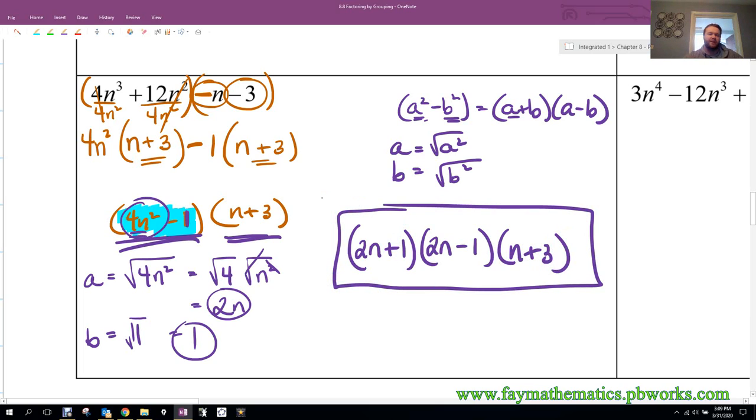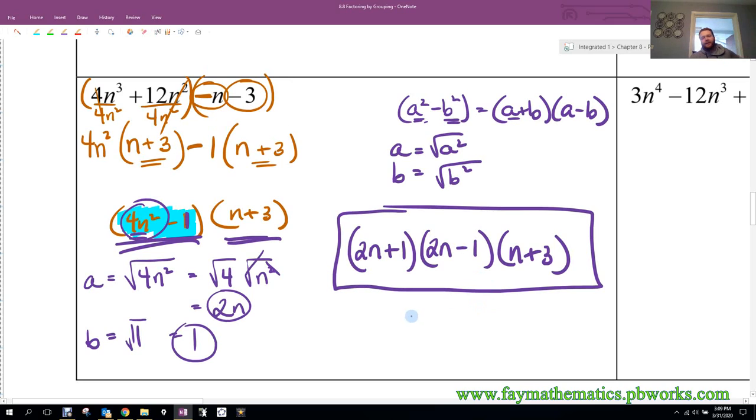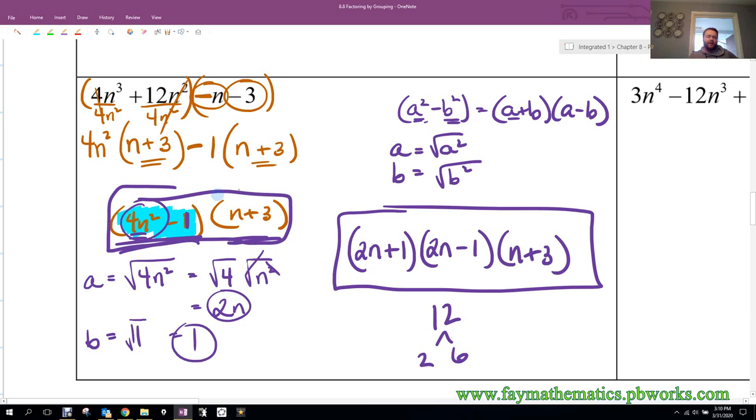Those three expressions multiplied together will get you back to what we started with. Okay? So what we're doing here, think about this. If I gave you like 12, a lot of people say, oh, well, 6 and 2 are factors. And I agree 100% with that. Much like those two things right there are factors of what we started with.